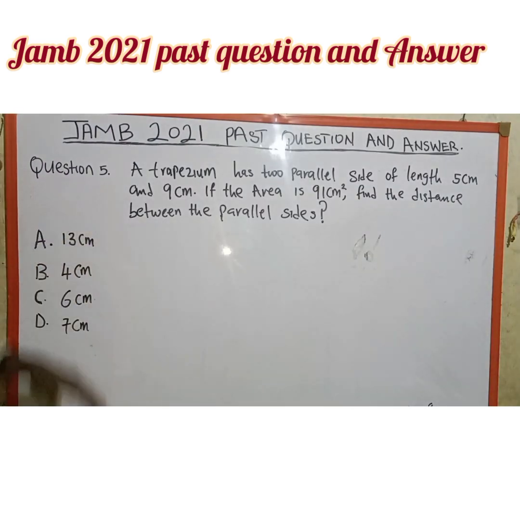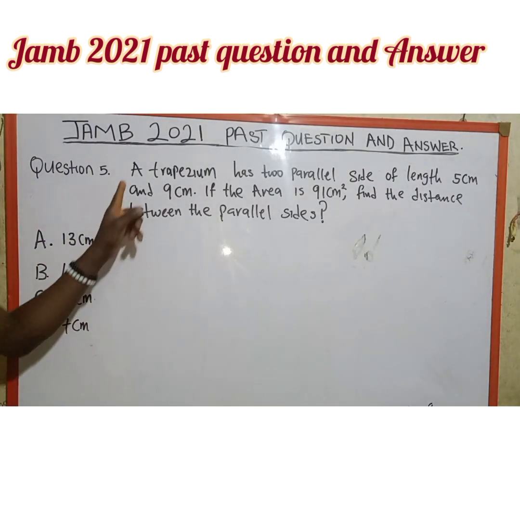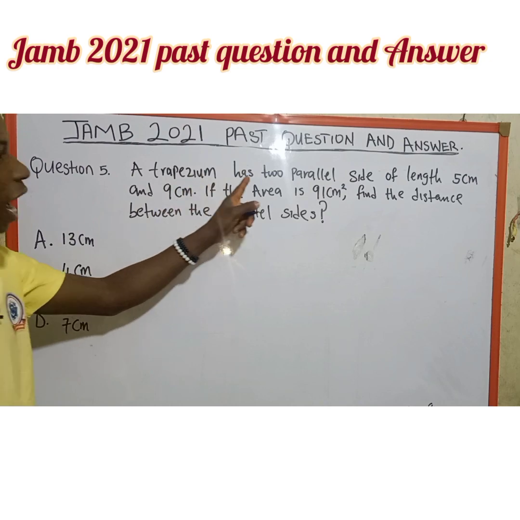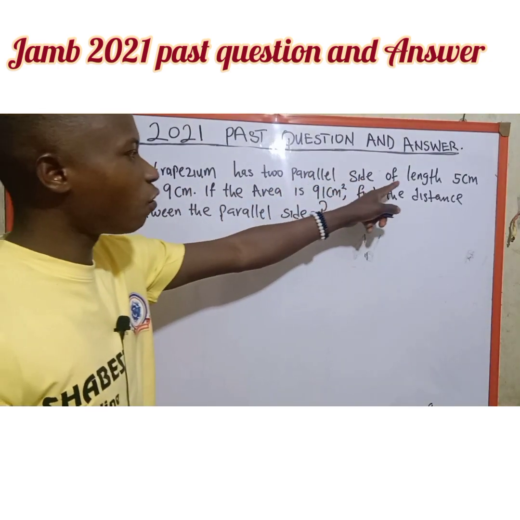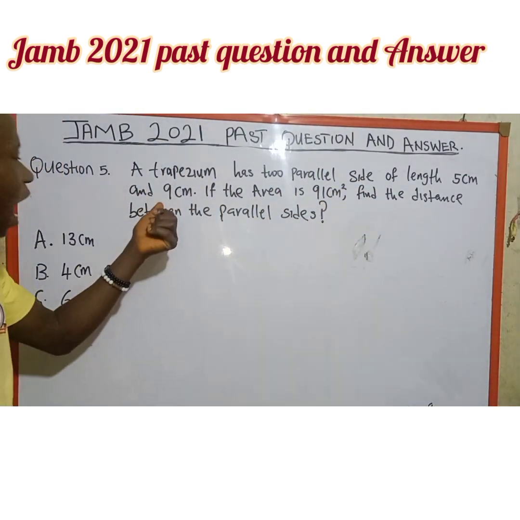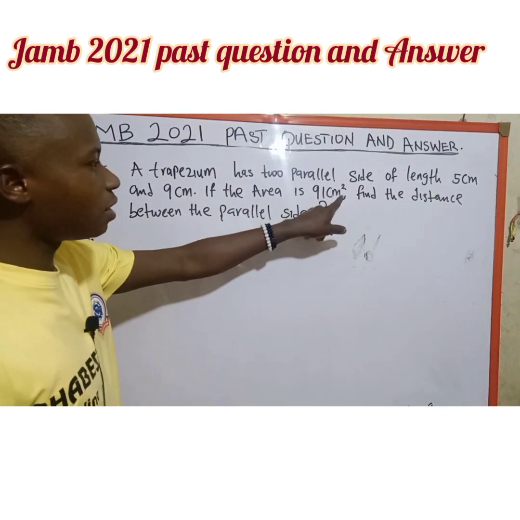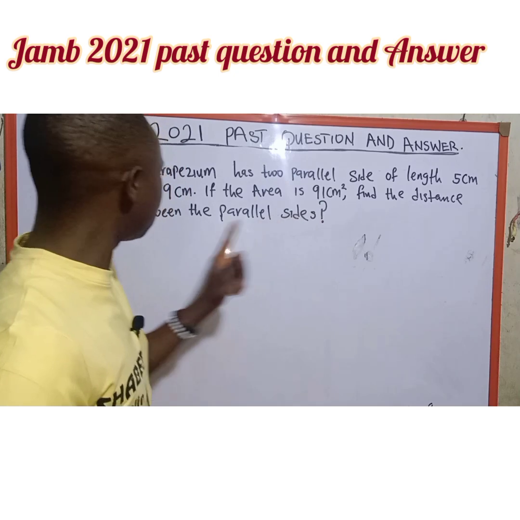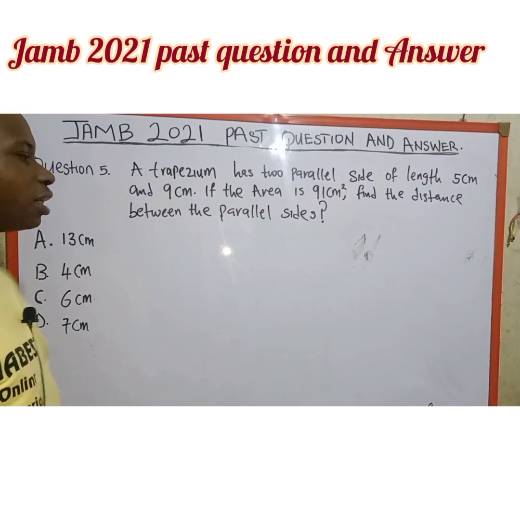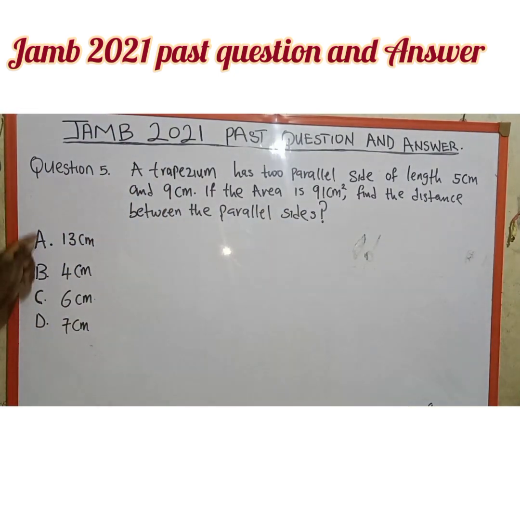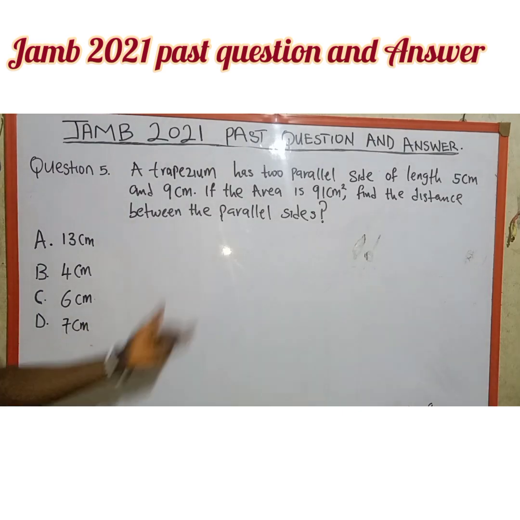This is question number 5. And the question reads, a trapezium has two parallel sides of length 5 cm and 9 cm. If the area is 91 cm squared, find the distance between the parallel sides. And we are given these available options A to D. So let's solve.